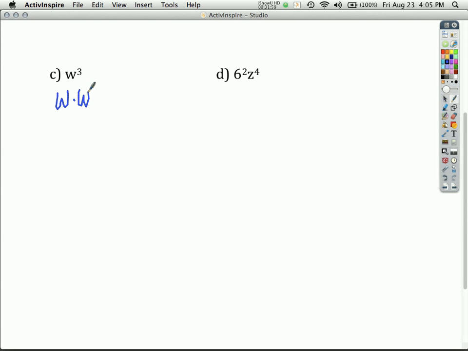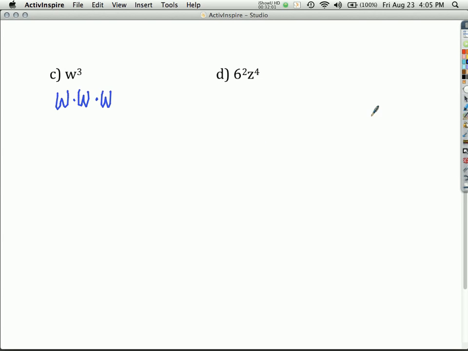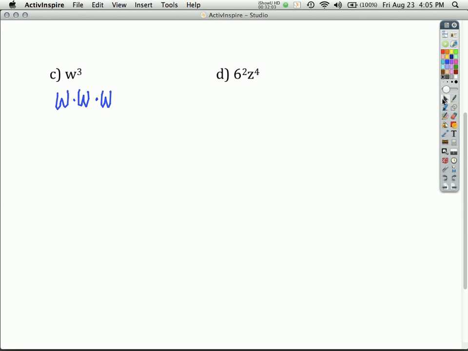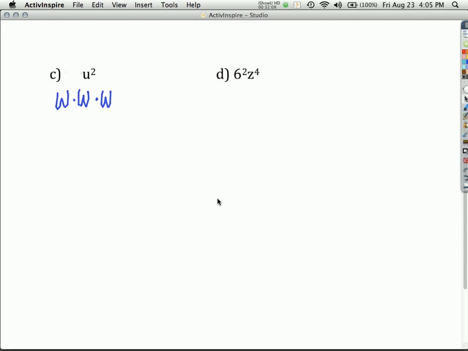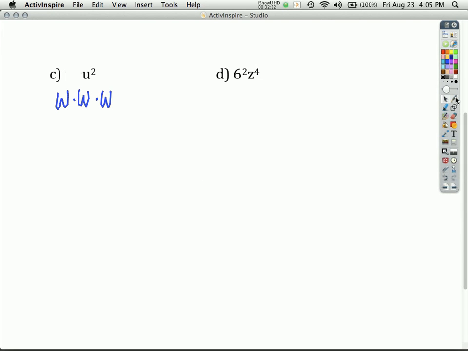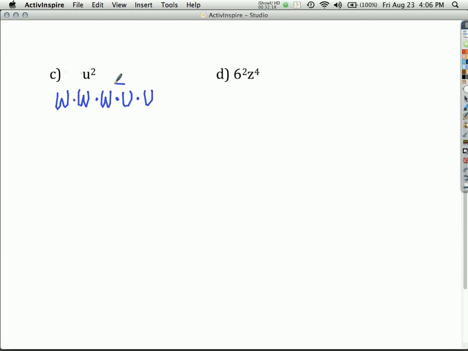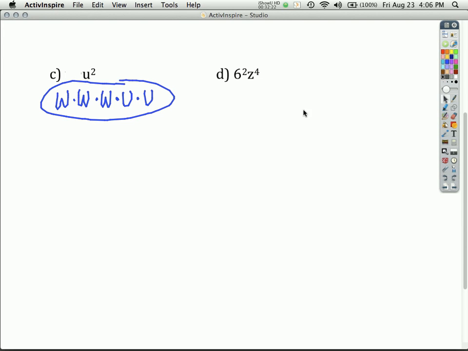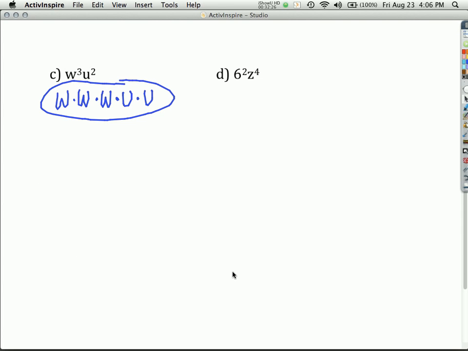But there is a u there, so how would I write just the u to the 2nd power? Selena? U times u. So that just gets tacked on the end, times u times u. And now I've rewritten the expression without exponents. Does anyone have any questions on how that was done?